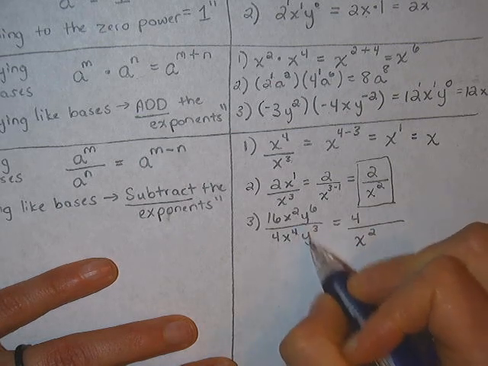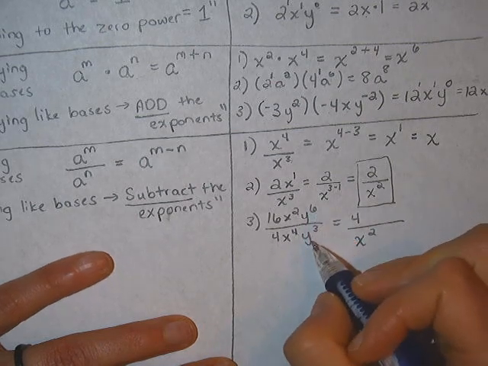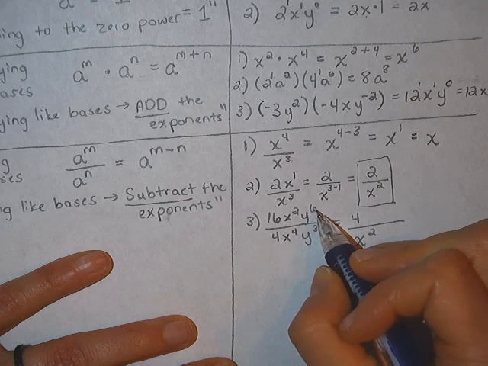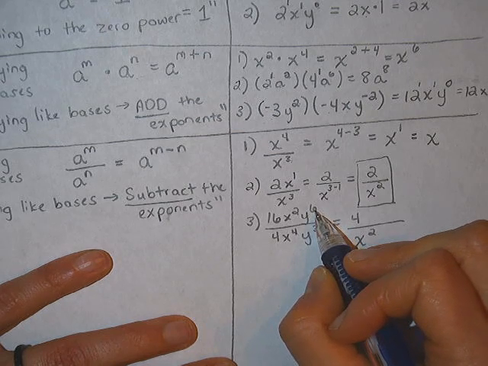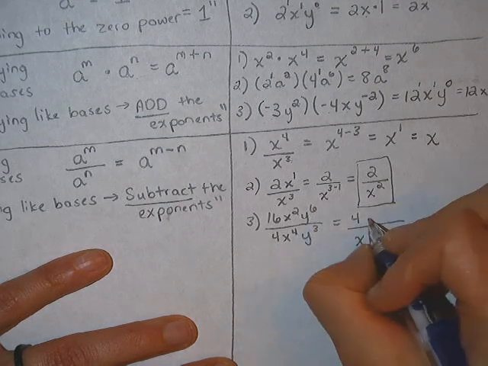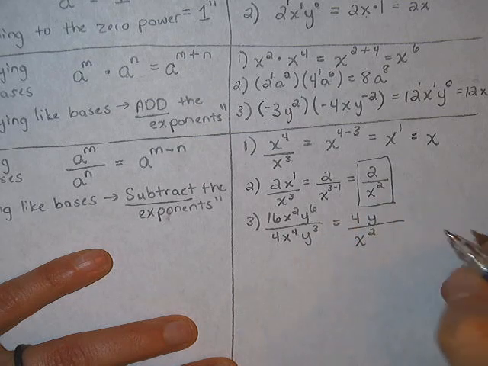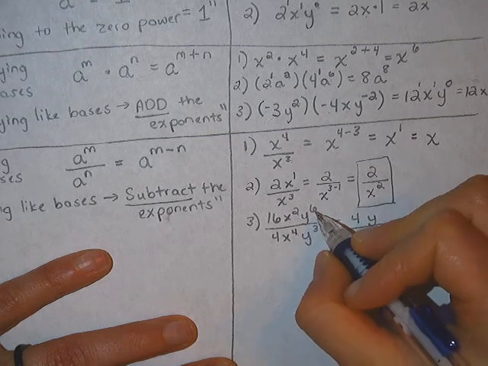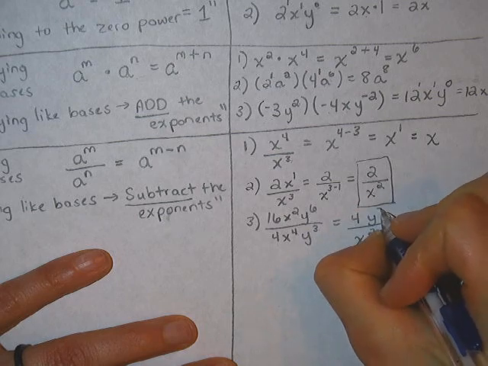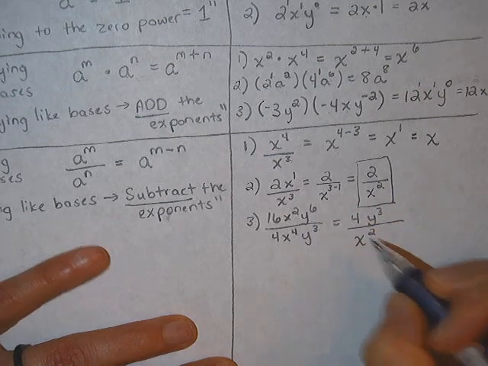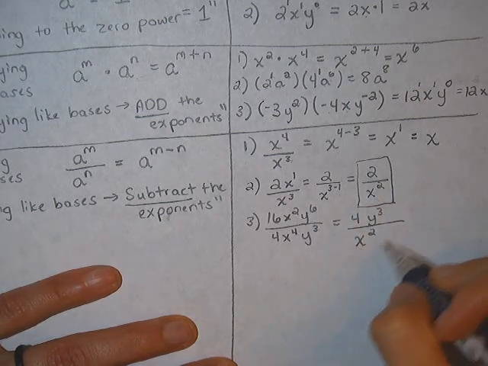And then when I look at my y's, it's y to the sixth divided by y to the third. Well, this one has the bigger exponent on the top. So when I do that, my answer would actually be on the top for that one. So it'd be y to the 6 minus 3, which is 3. And then, is there anything else that needs to be simplified?